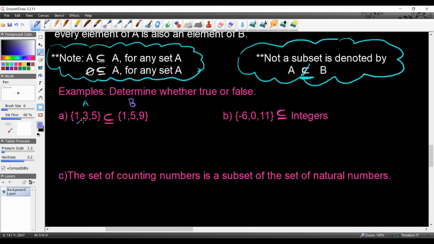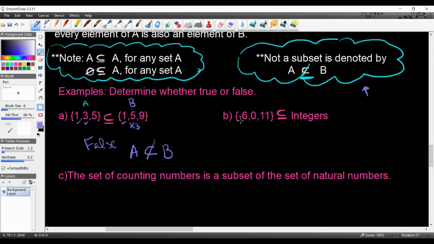A has a 1 and B has a 1. A has a 3, B does not have a 3. So right away, this would be false. Or you could also say that A is not a subset of B using the notation we have here.